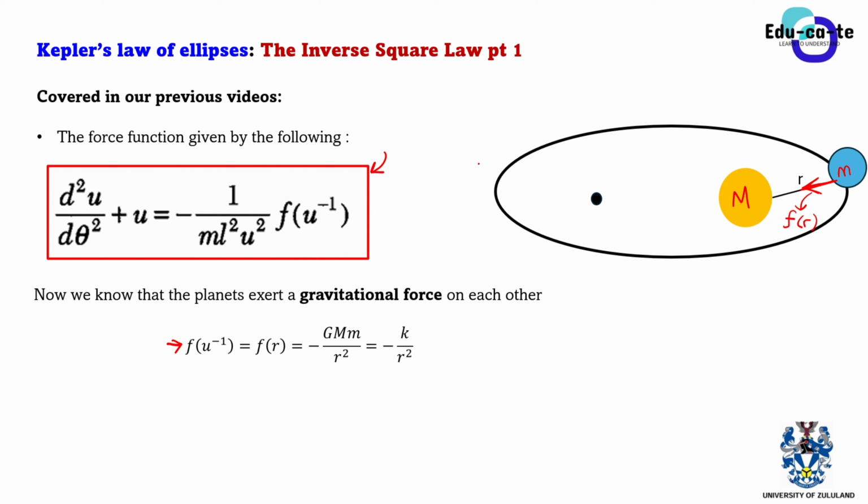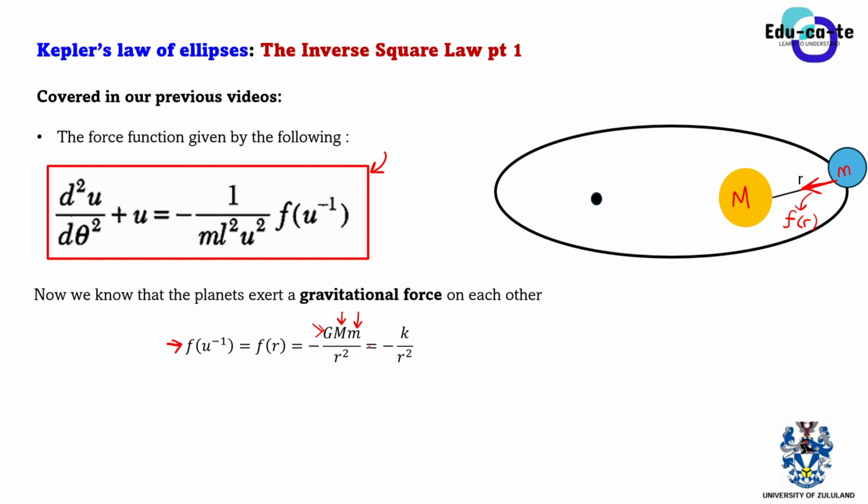To compress this, you can see that G is a constant, and capital M, which is the mass of the sun, is a constant. Small m, which is the mass of the planet, remains constant during the motion, so it is not really affected by the motion around the sun.